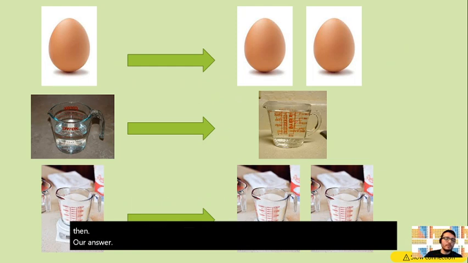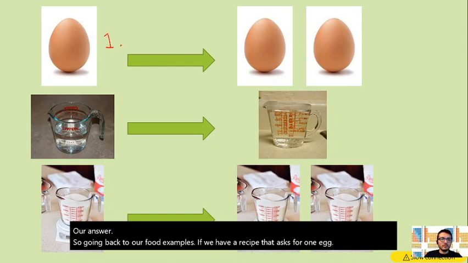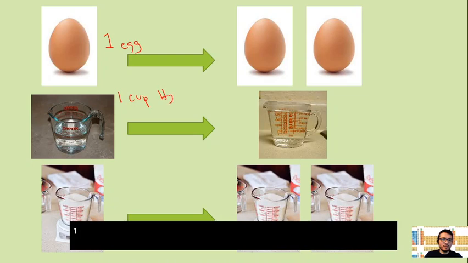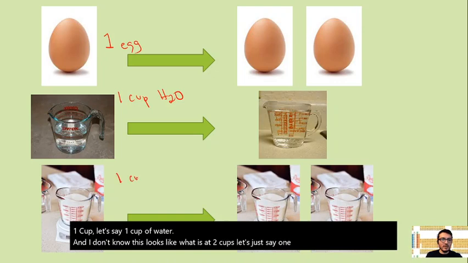So going back to our food examples, if we have a recipe that asks for 1 egg, 1 cup, let's say, 1 cup of water, and 1 cup of flour.